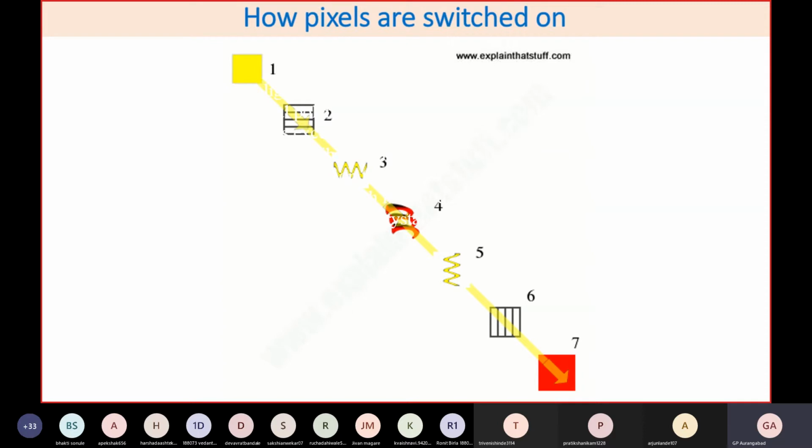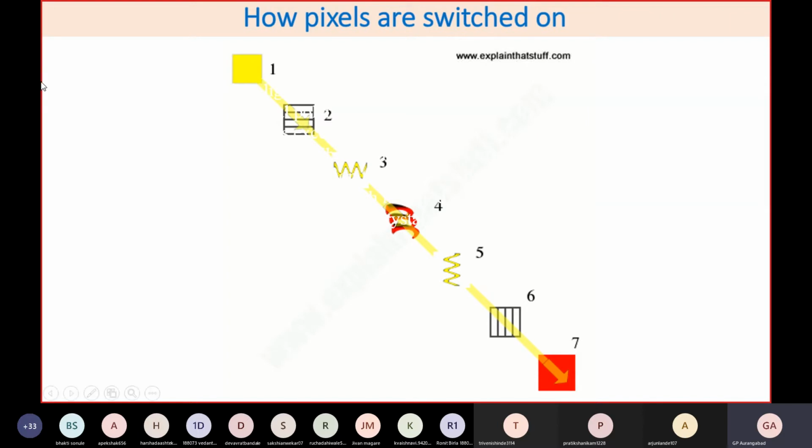When no voltage is applied, it will be in its natural, twisted state. Because of this, it automatically twists the light by 90 degrees. The horizontal light passing through this LCD is rotated by 90 degrees and becomes vertical.